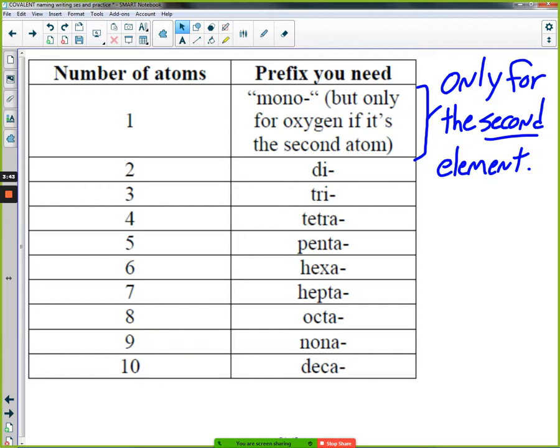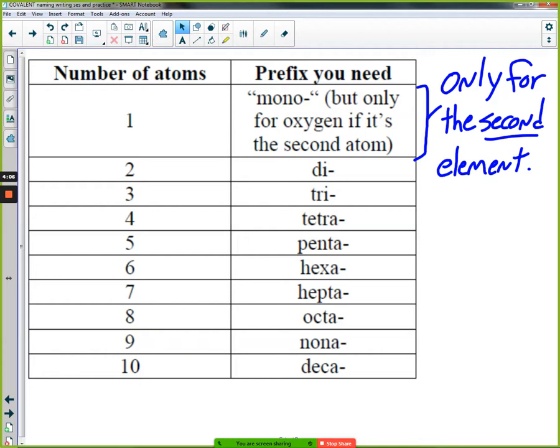Now, the only one that's got kind of a be careful clause is the prefix mono. Mono means 1, but you only use mono in the second element.